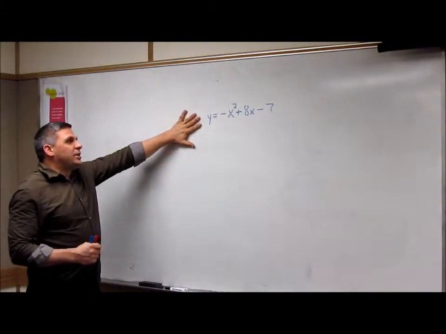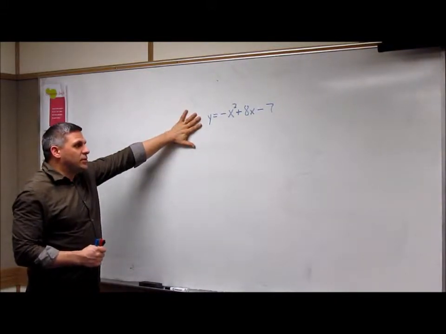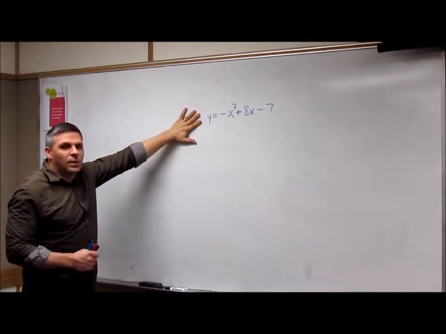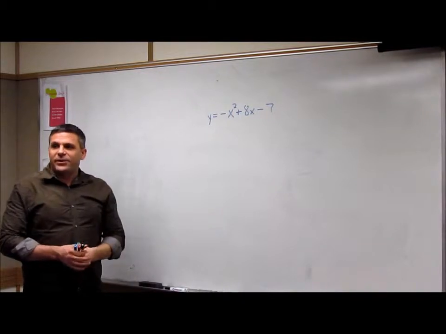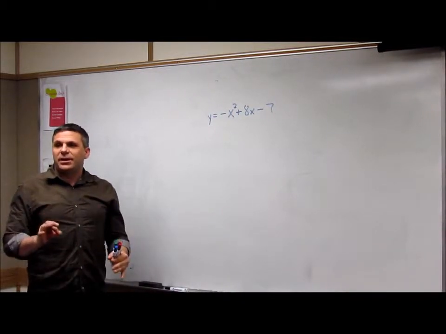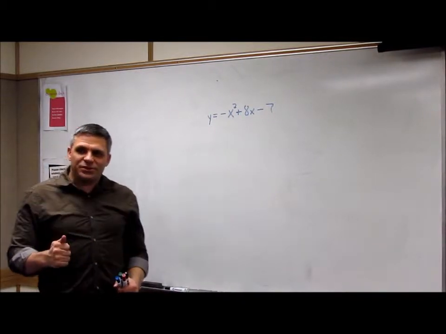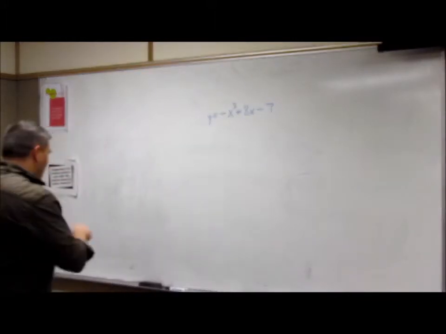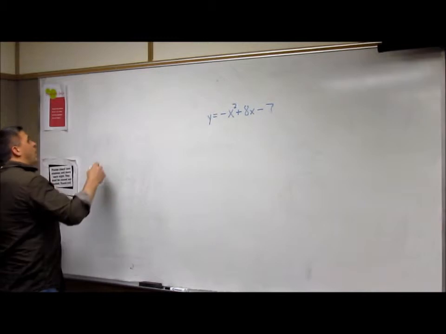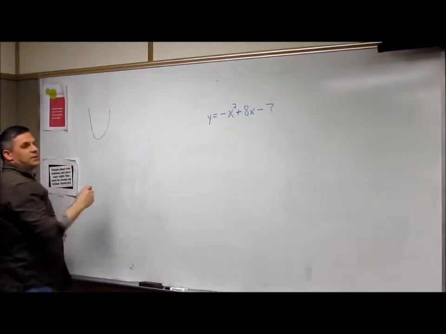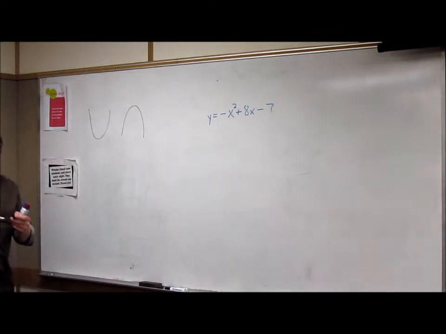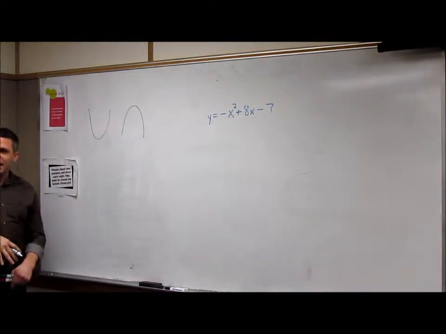When we deal with this quadratic, what we want to do is first understand some certain things about it. Every quadratic can be labeled as such. They all are in 2 shapes. They either look like this, or they look like this. They're either happy or they're sad.